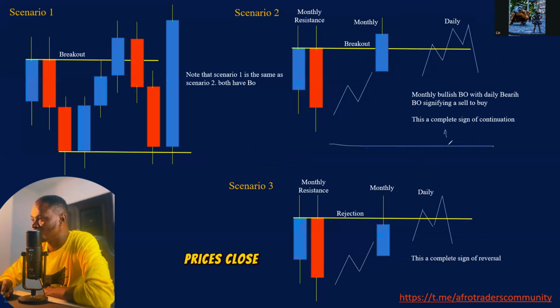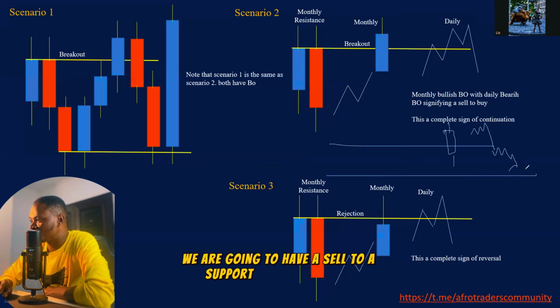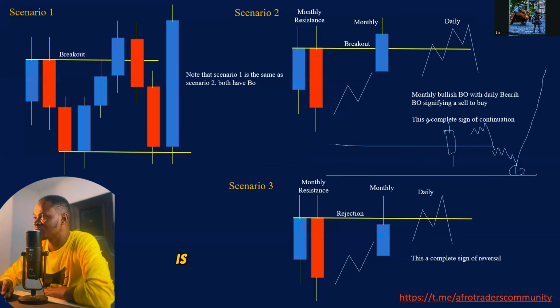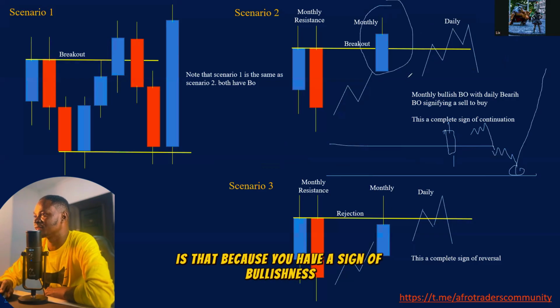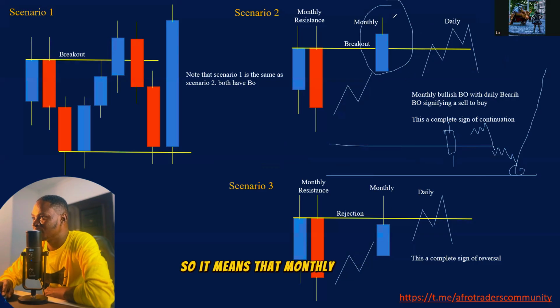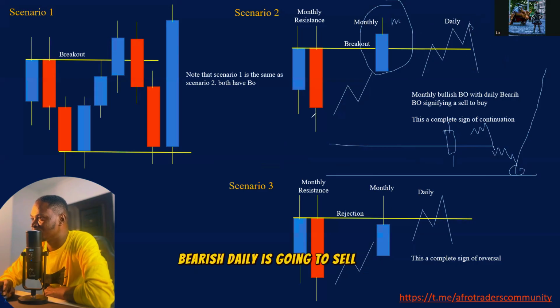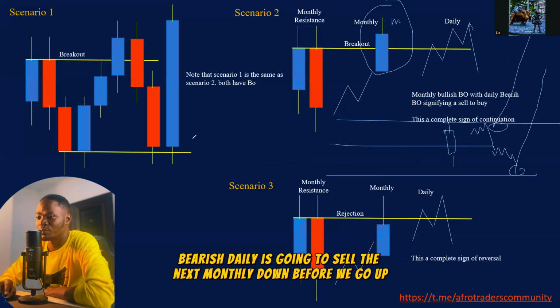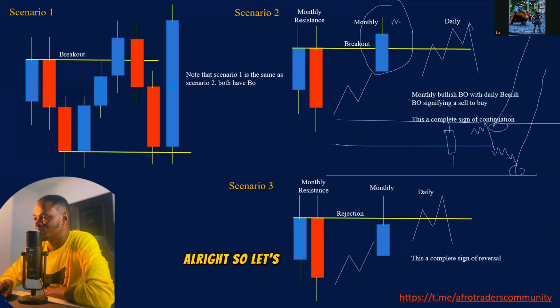The monthly candle has closed above, but the daily has broken out. So it's going to sell. We are going to have a sell to a support, then we buy into a resistance because we have a sign of bullishness. So monthly bullish, daily bearish, daily is going to sell to the next monthly down before we go up. All right, so let's look at the final example.